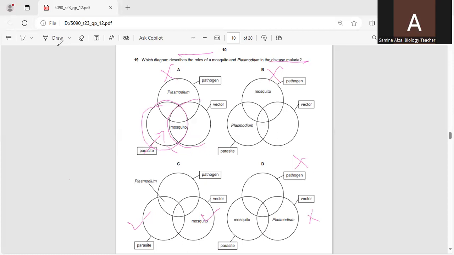So here C is the correct option, and a vector is what carries these microorganisms to cause the disease. It transfers the microorganisms from one organism to the other. So in this case, the mosquito acts as a vector, and plasmodium is the pathogen, the disease causing agent, which will cause the disease malaria.